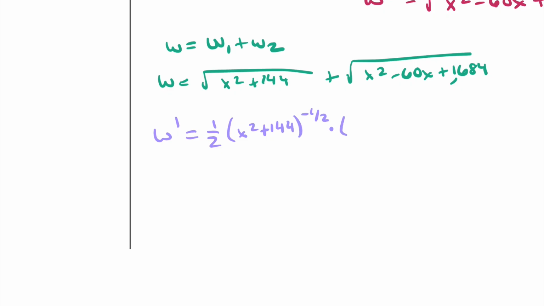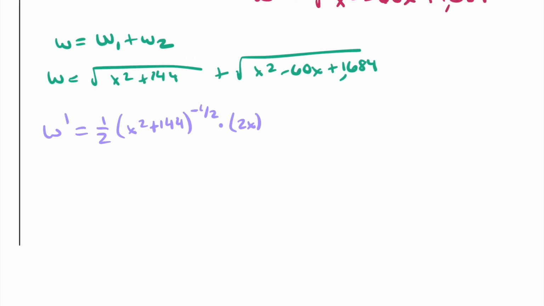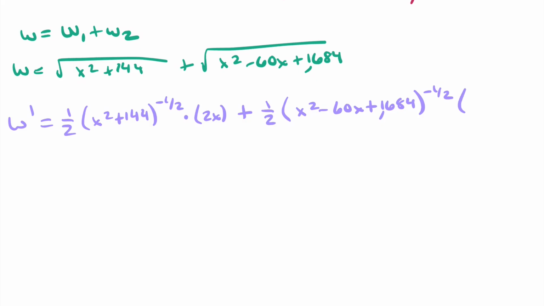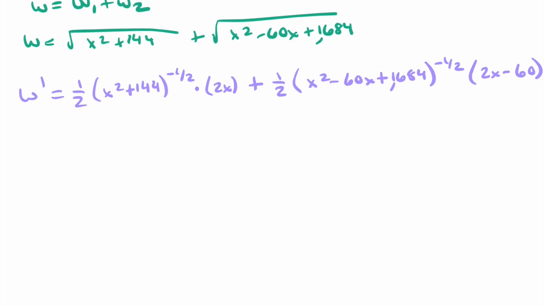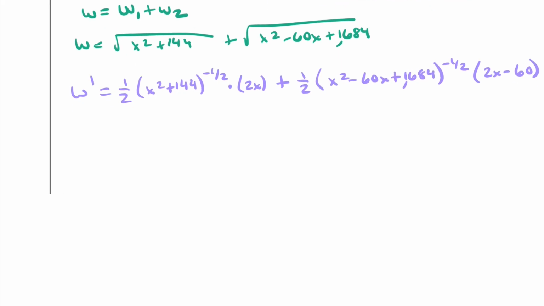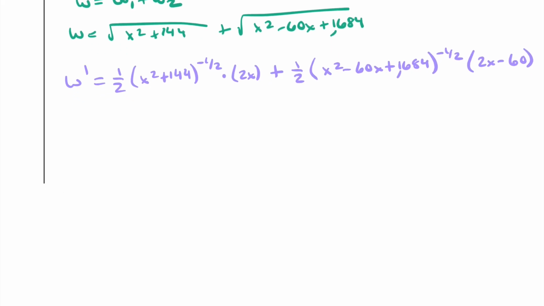Don't forget, we have to multiply by 2x, which is the chain rule part. The second one is 1/2 of this to the negative 1/2, and another chain rule, so 2x minus 30. Oh, shoot, I messed that up. 2x minus 60. All right, I'm already thinking about that 2 there. I can clean this up a little bit.